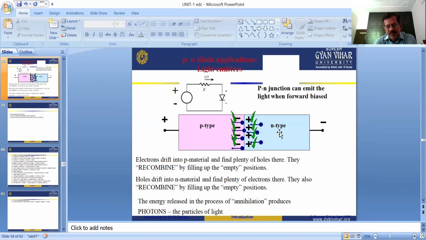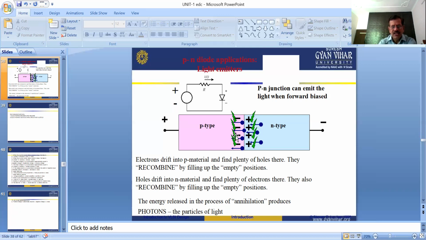So we apply the external voltage in forward bias condition. Here is the positive terminal and the negative terminal of the battery.